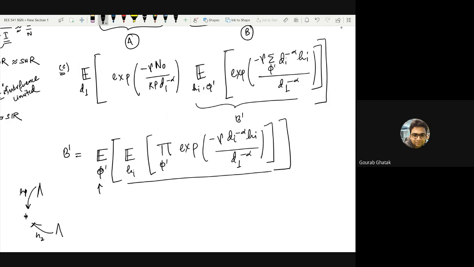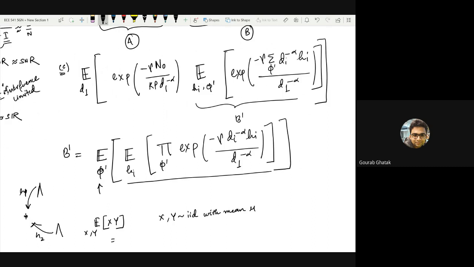Since they are IID, which means not only are they independent, they are also identically distributed, individual expectations would behave in the same way. Suppose I am taking an expectation with respect to x and y, and x and y are IID with mean mu.